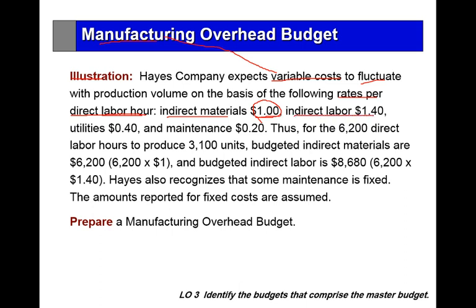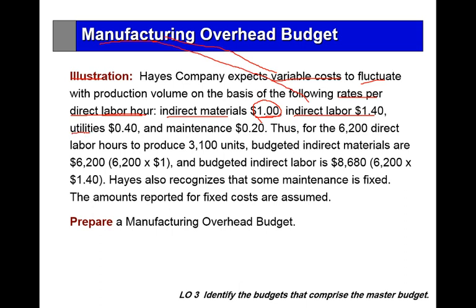Then indirect labor is $1.40 for each direct labor hour. Indirect labor is a component of manufacturing overhead.